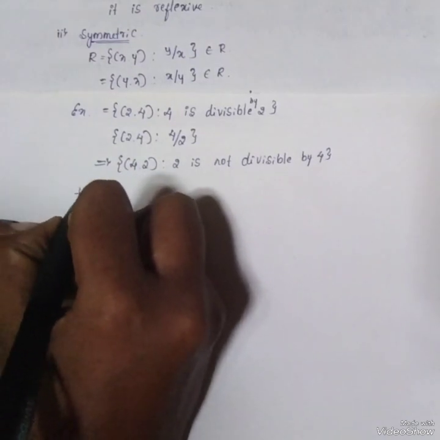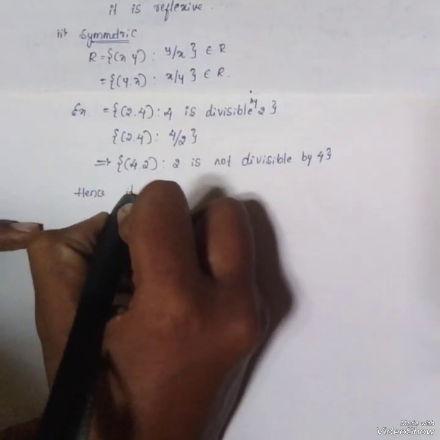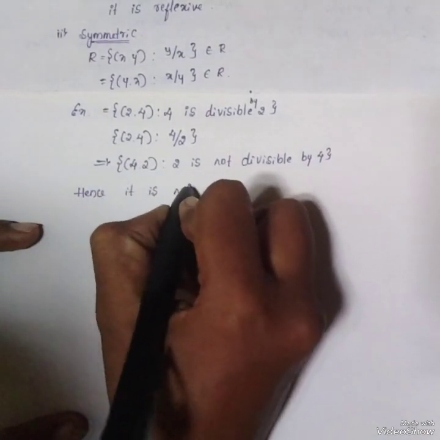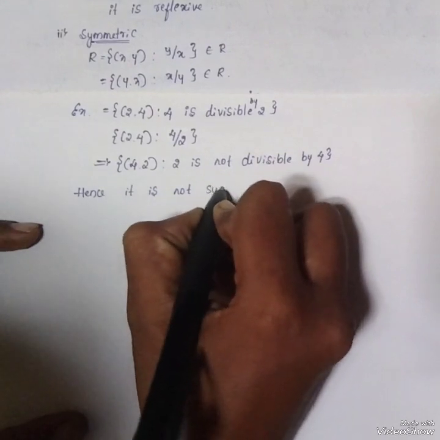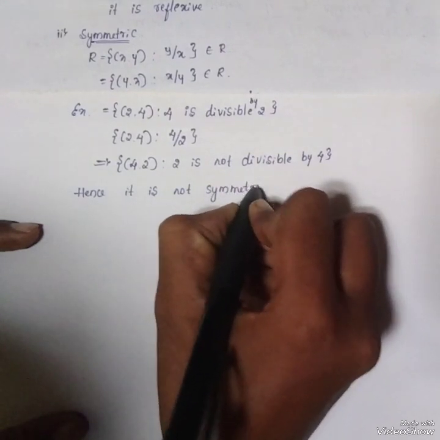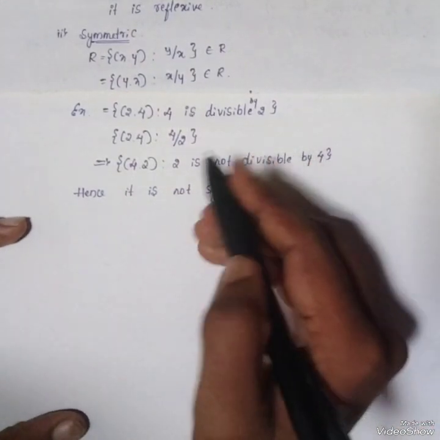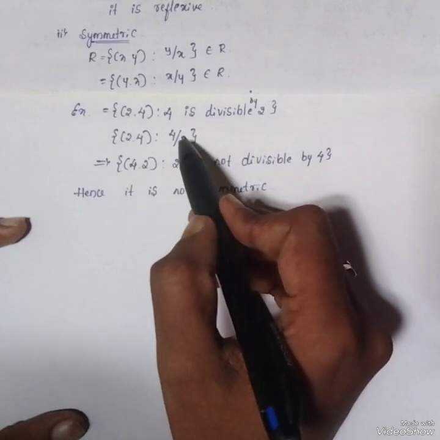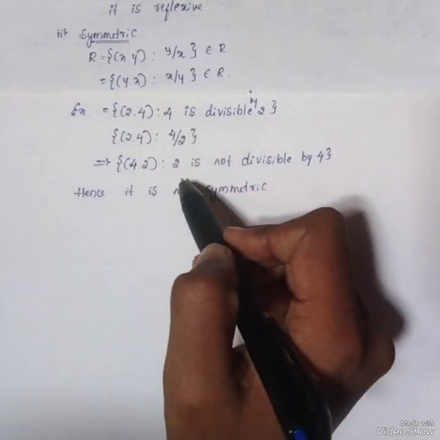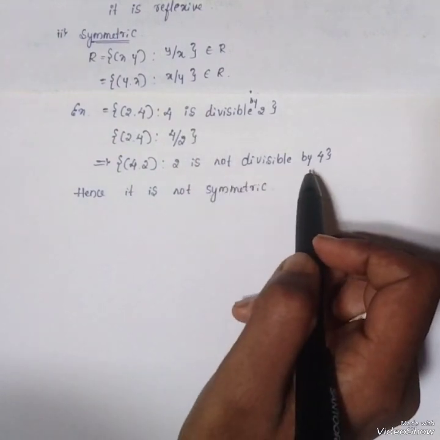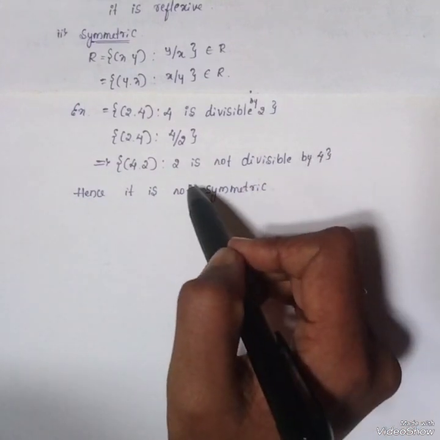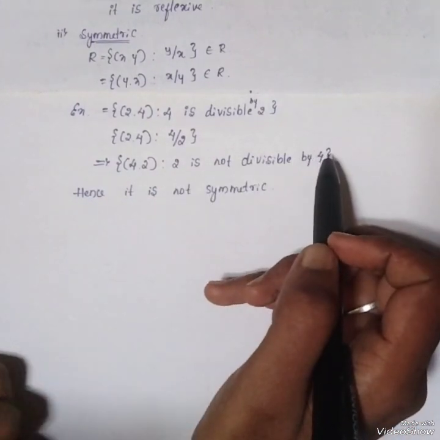Hence, it is not symmetric. 4 is divisible by 2, but 2 is not divisible by 4, because compared to 2 and 4, 4 is the larger number.